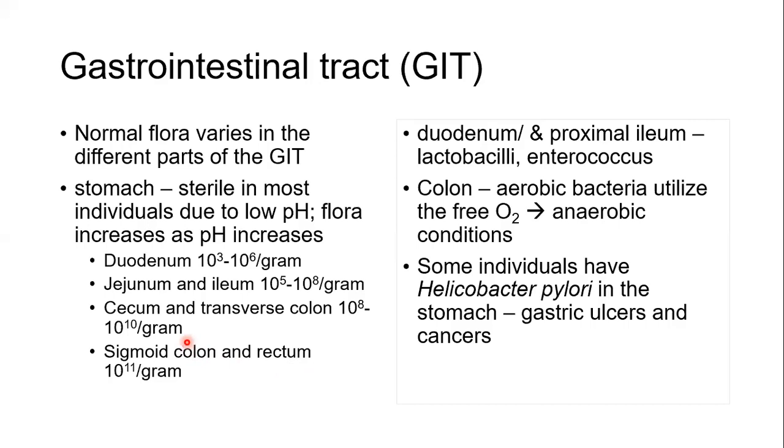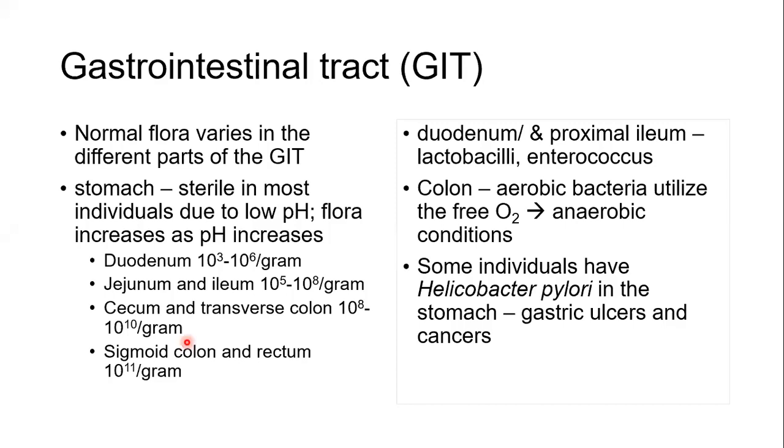In the colon, we have more aerobic bacteria as well, tending to utilize the free oxygen that is found at that site, and this leads to anaerobic conditions. So you'll also find anaerobic bacteria in the colon. And though I said the stomach is sterile in most individuals, we have Helicobacter pylori, which is found in some individuals.